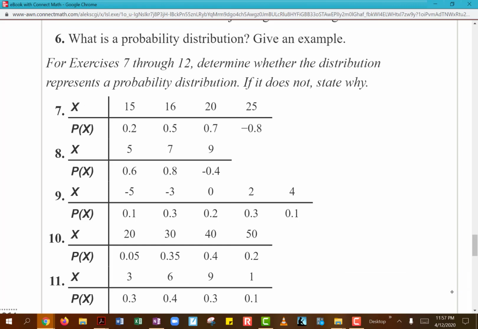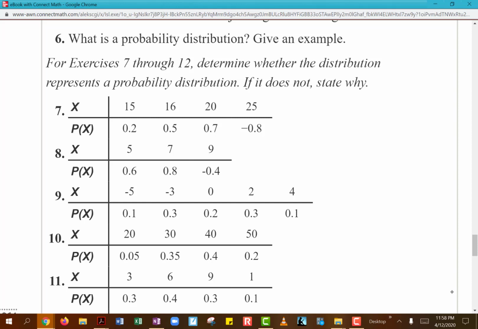Okay, so now let's look at number 9 as our next example. For number 9, again, you should see that each probability is 0.01, 0.1, 0.3, 0.3, 0.2, and 0.1, right? So each of those individual probabilities is between 0 and 1, so that's good.